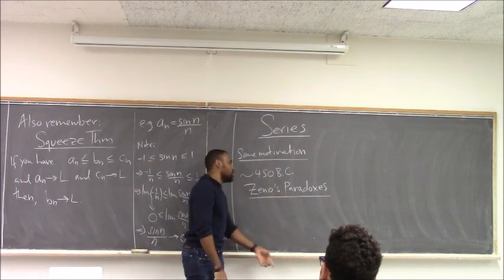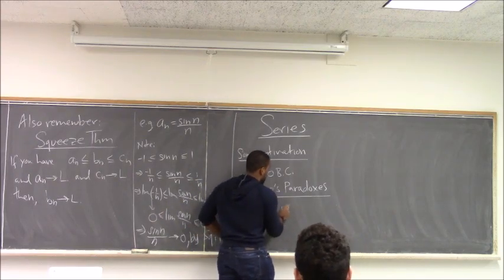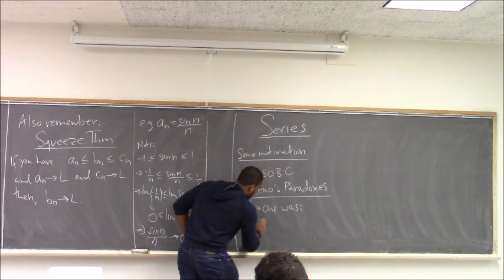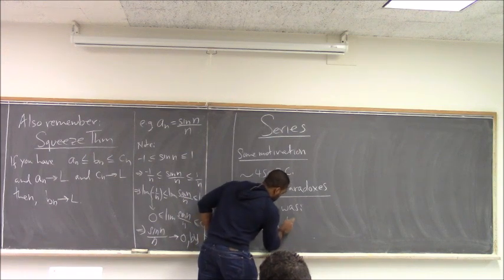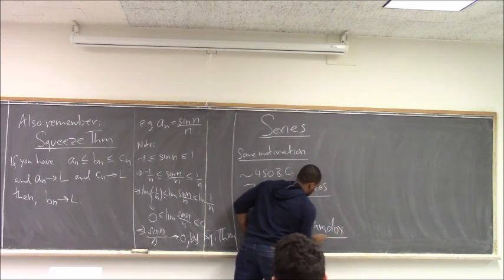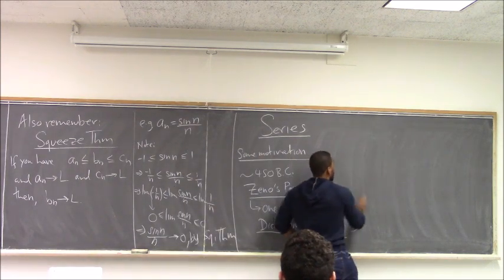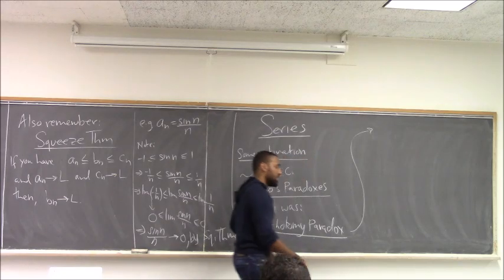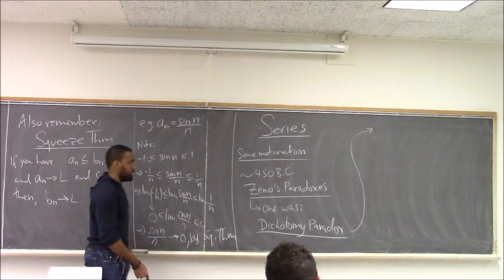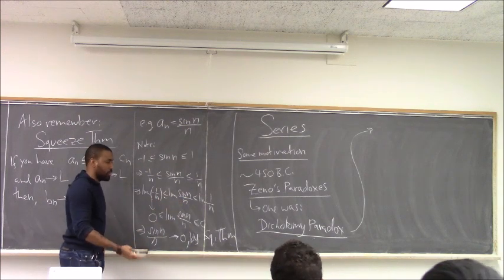So these guys always come up with these brain teasers and things trying to get over on their friends. Anyway, this dude named Zeno came up with a bunch of paradoxes. One of them was called the dichotomy paradox. So here's what the dichotomy paradox says. It basically says, in order to achieve something, you first have to achieve a part of that thing, right? To get the whole job done, you have to first get half the job done, and so on and so forth.